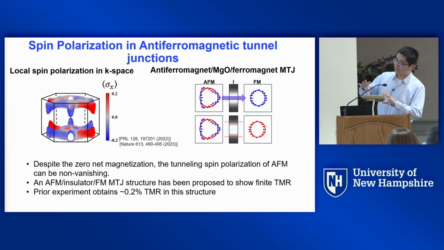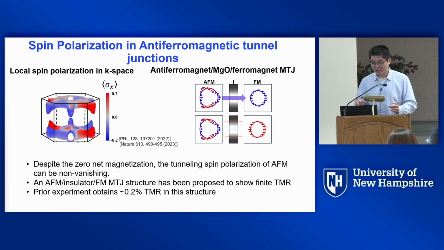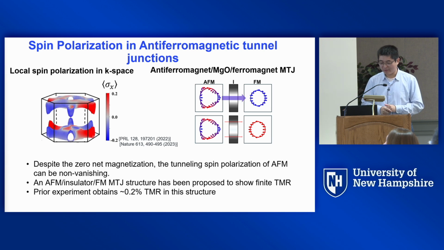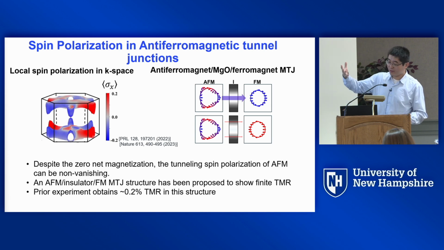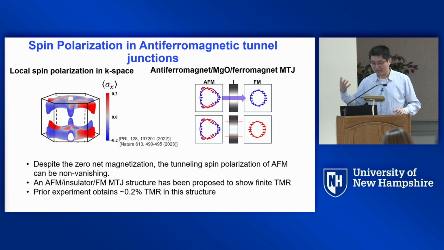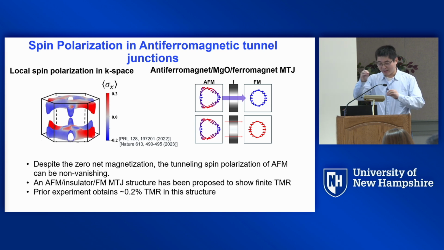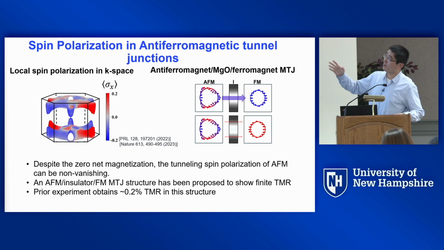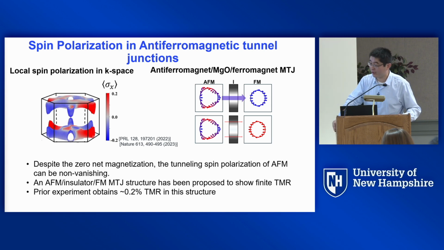So if you have zero average spin or zero average net moment, how are you going to get, for example, tunnel magnetoresistance? Well, one important feature of tunnel magnetoresistance is that electrons located at different regions of the reciprocal space contribute differently to the tunneling current.